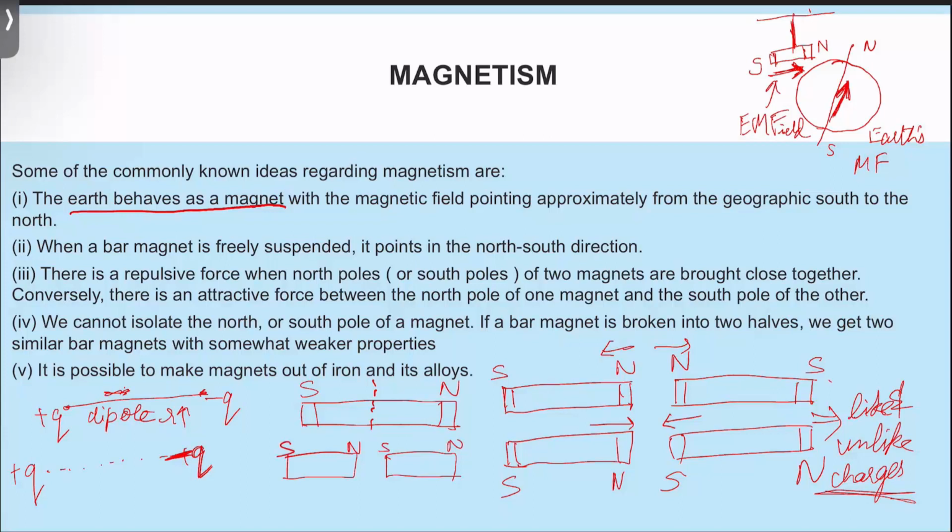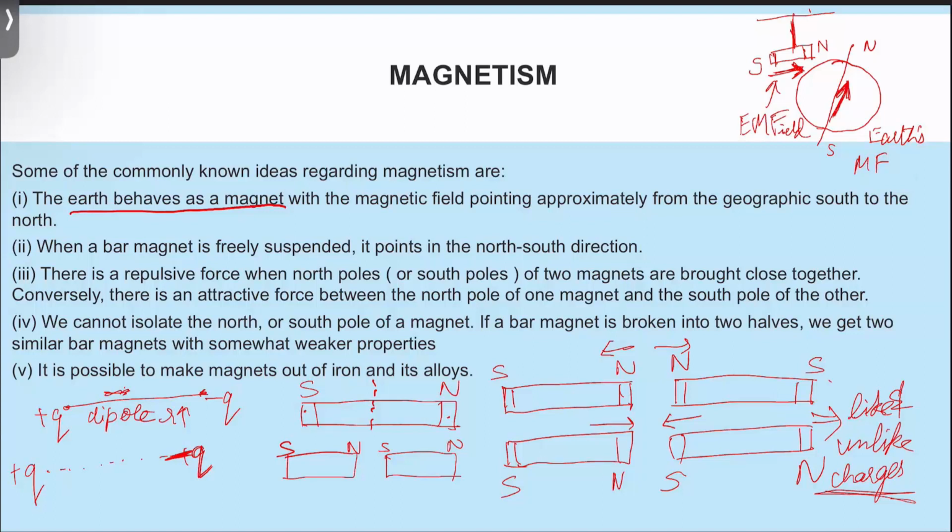Since this side is already north, this will become your south, and since this is already south, this part of the piece will become north. So you cannot isolate the magnet into monopoles, south pole alone and north pole alone. That is one of the important differences between electrostatics and magnetism.